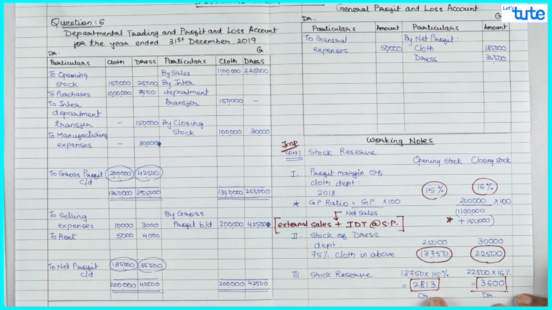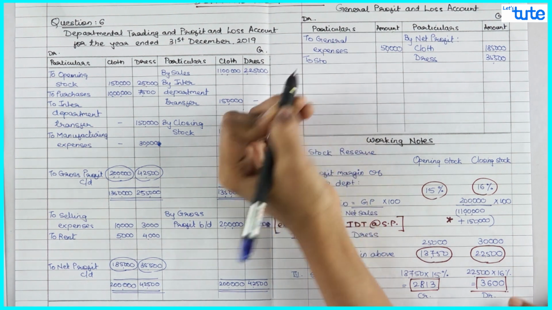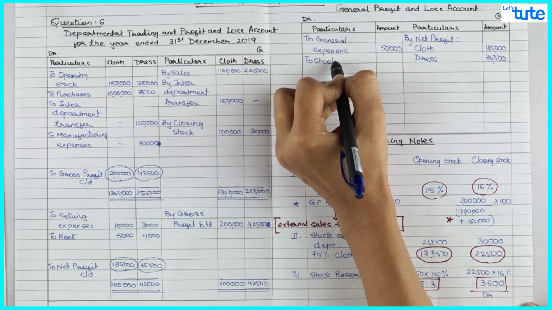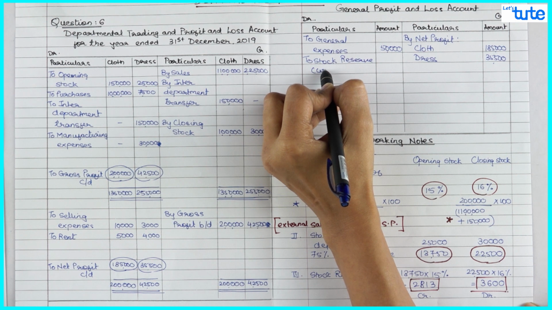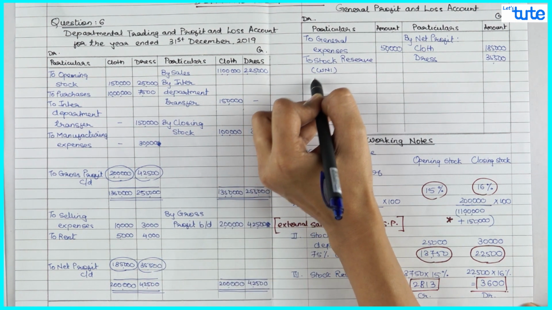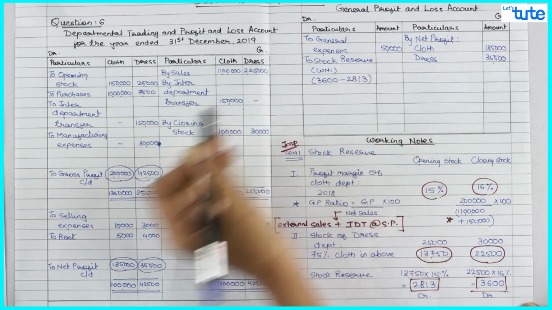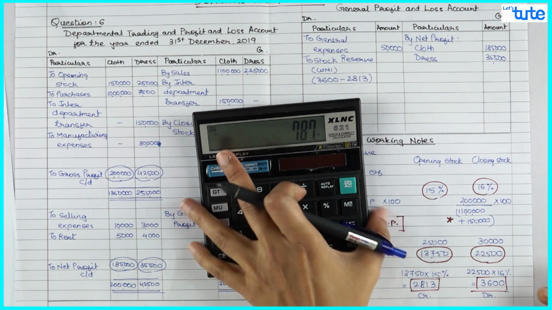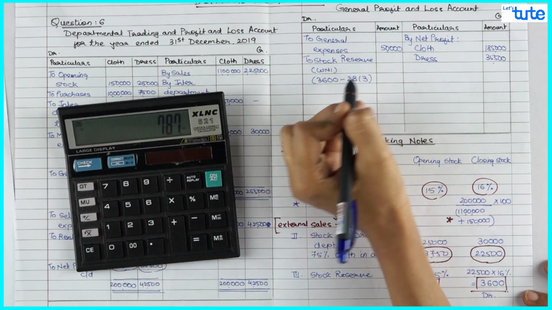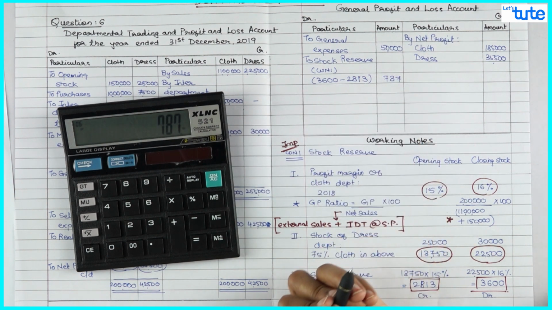So either you can give separate effect for this, or we can give the net effect since the credit side is more. So to stock reserve, whenever you prepare working note, do give the reference working note 1, 3,600 minus 2,813. So 3,600 minus 2,813, that comes to 787, and that is our stock reserve.